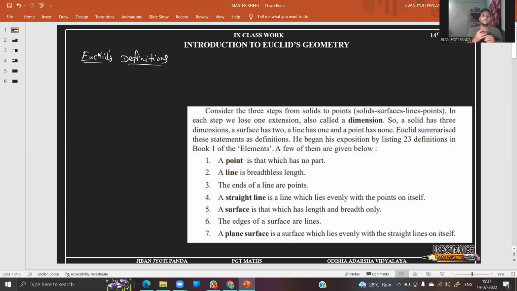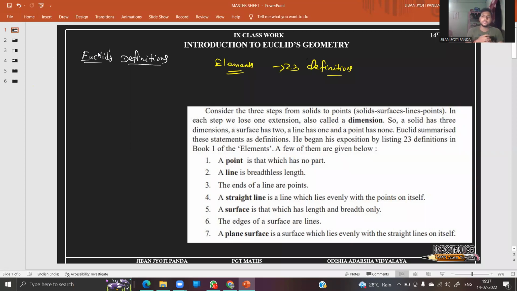He did many research works on geometry. He has some basic definitions in his book Elements. His book name is Elements. In his book Elements, he has written nearly 23 basic definitions.